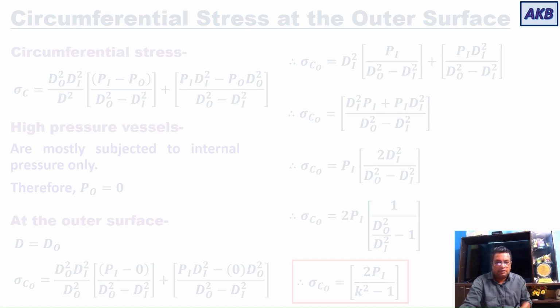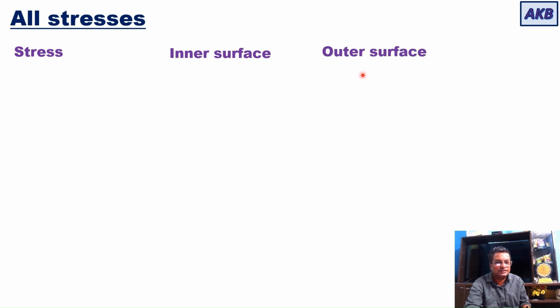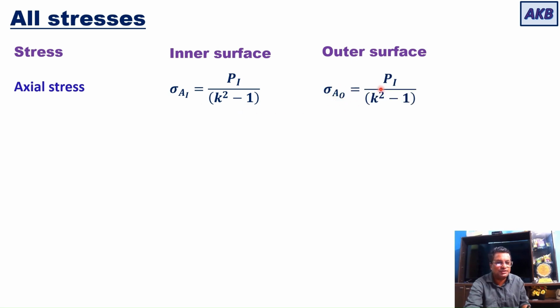Okay, now let us collect equations of all the stresses. So we will list the stresses, and then we will know what is the equation at the inner surface and then at the outer surface. For axial stress at the inner surface, sigma AI is equal to Pi upon k square minus 1. At the outer surface, sigma AO is equal to Pi upon k square minus 1.